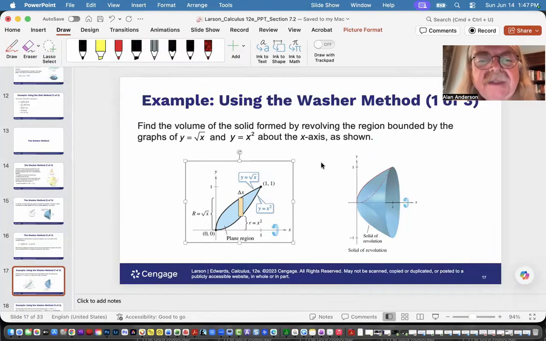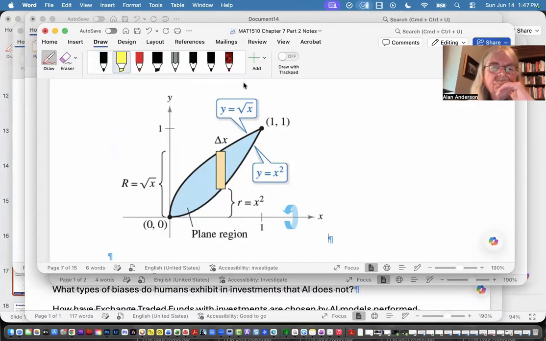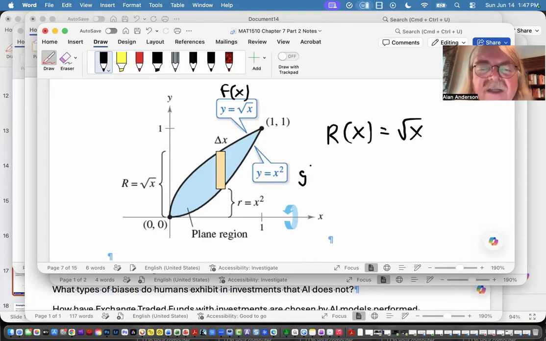So, anyway, how do we find this region? Well, first of all, the function capital R equals radical x, because that's the actual f of x here. And then the lower one down here, I guess you could think of that as g of x, that's our x squared.